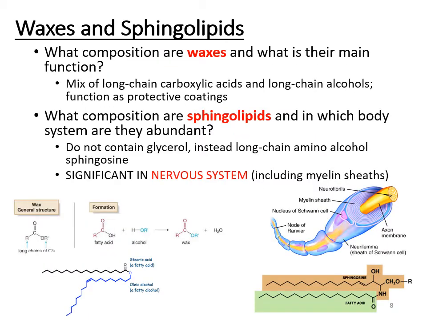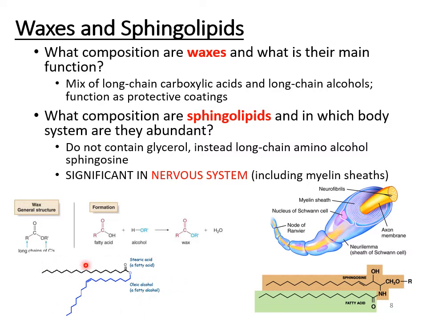The next lipids that we're going to take a look at are the waxes and the sphingolipids. First up, we have the waxes, which I focus on in the figures on this side of this slide. Waxes are basically composed of complex mixtures of long-chain carboxylic acids, which are the fatty acid structures that you'll see hanging off, and long-chain alcohols.